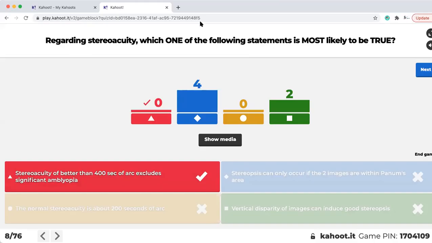Why couldn't the second be the right answer? We mentioned in the binocular vision lesson that stereopsis is not only present within the Panum's area. Can you tell me where else the stereopsis could be? Is stereopsis exclusive to the Panum's area? So where else could it be?